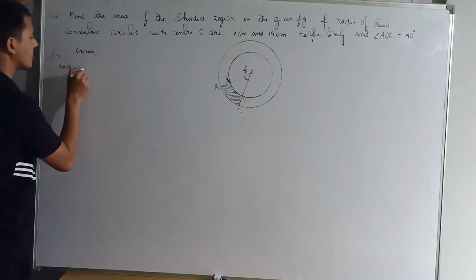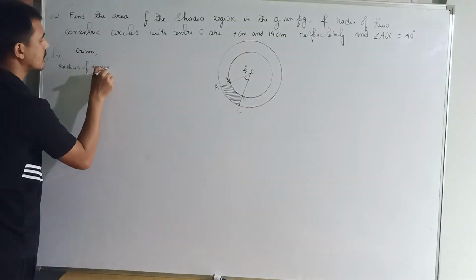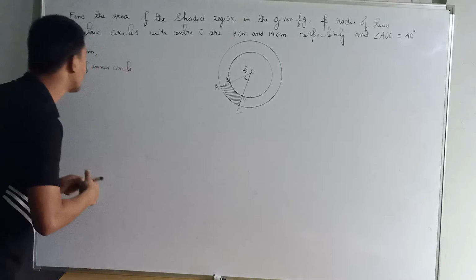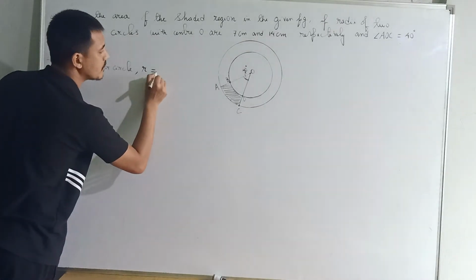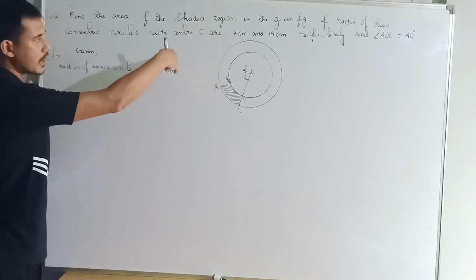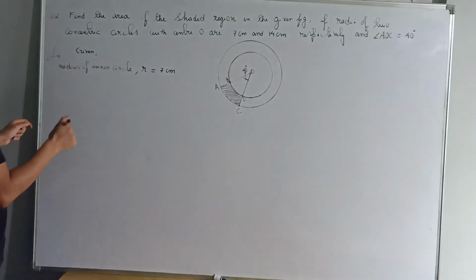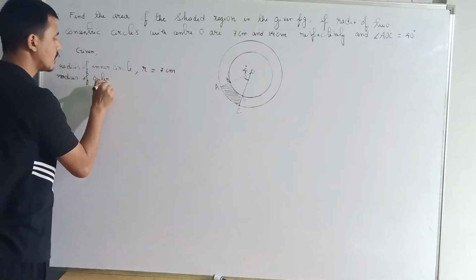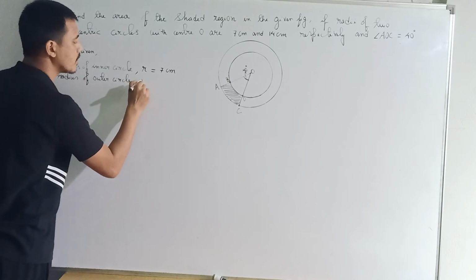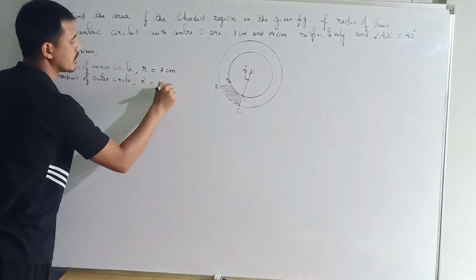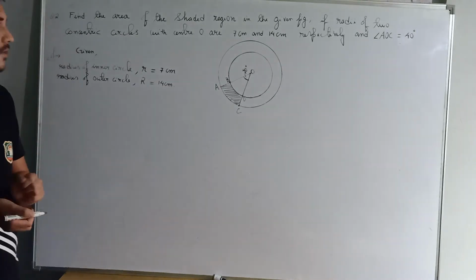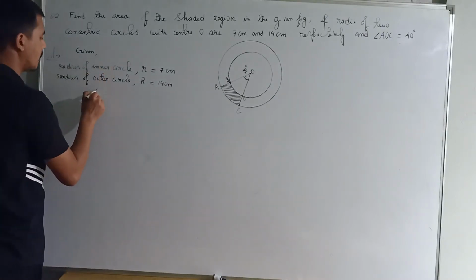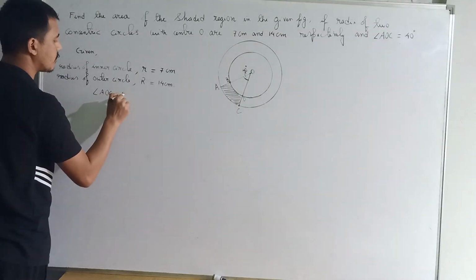The radius of the inner circle, small r, is given to be 7 cm, and the radius of the outer circle, capital R, is given to be 14 cm. Also it is given that angle AOC is equal to 40 degrees.